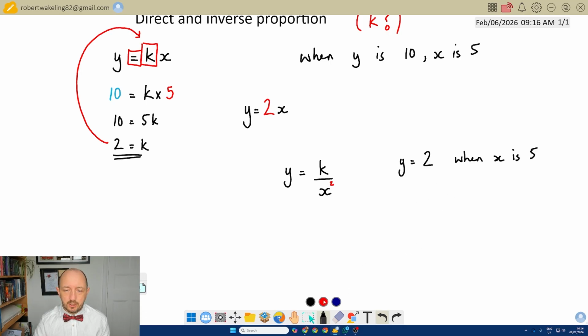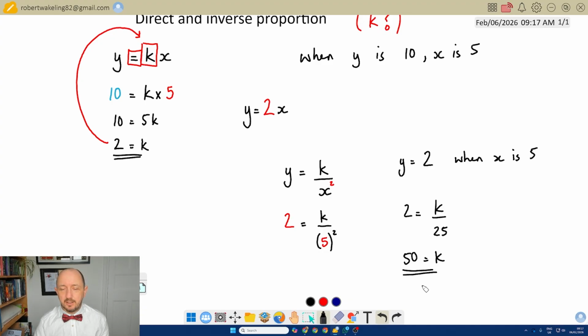We're going to substitute: y equals 2, so 2 equals k over x squared. Whatever x is, we're going to square it, which is a 5. So we tidy this up a bit. 2 equals k over 5 squared, which is 25. And we need to times both sides by 25 to get rid of this. K equals 2 times 25 is 50.